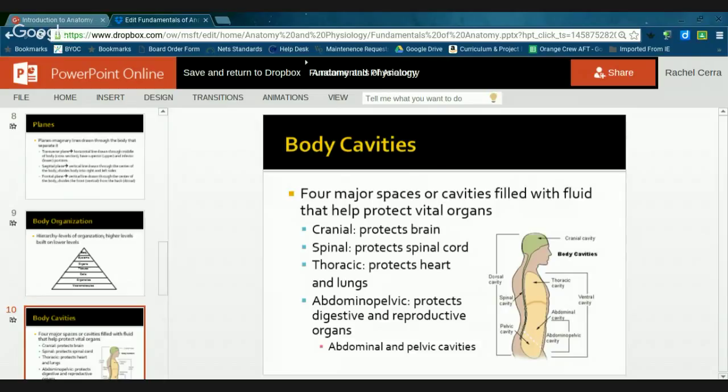What's not filled up by the organs themselves, generally there's some fluid in there to help with cushioning and extra protection.